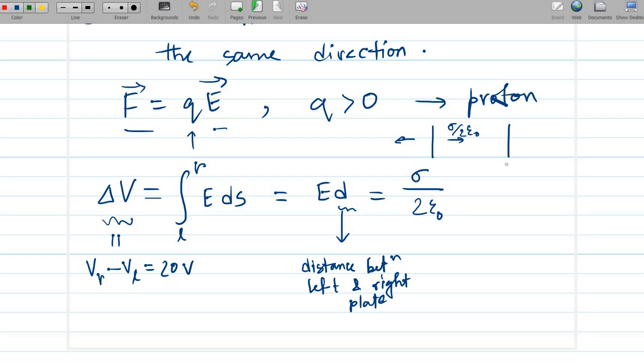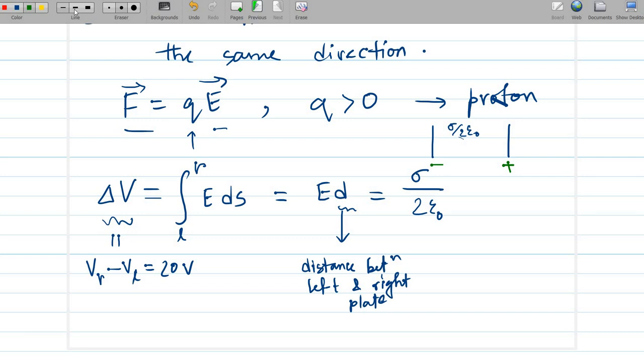The right plate has to be negative, because I'm sorry, the right plate has to be positive, this plate has to be negative. So I should change the direction of the arrows, right? Because yeah, that makes sense. Do you understand why it's negative and this one is positive? Because the right one has higher potential.